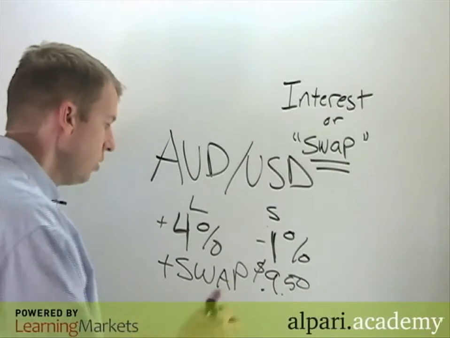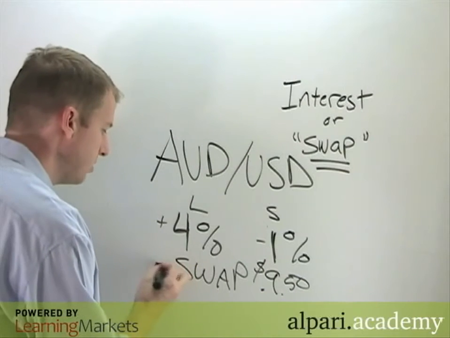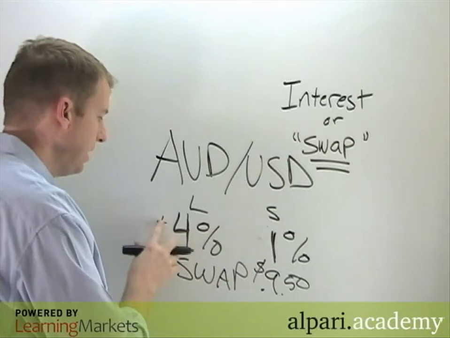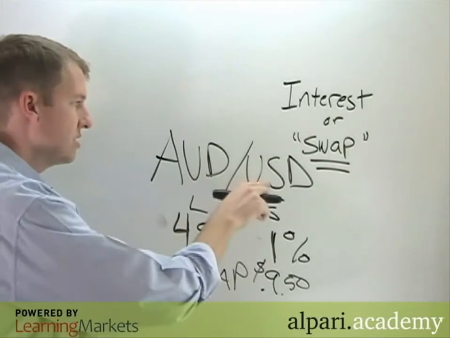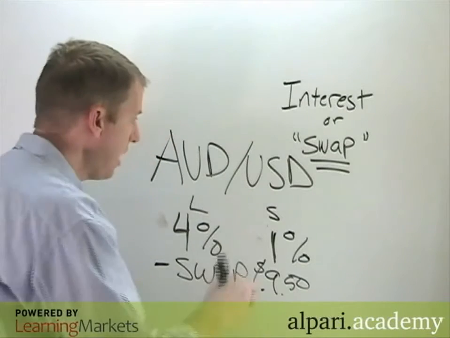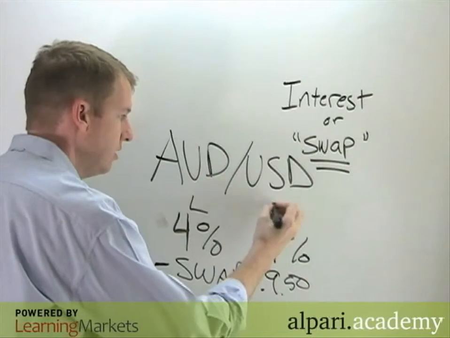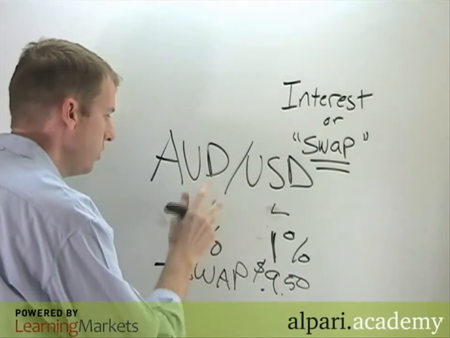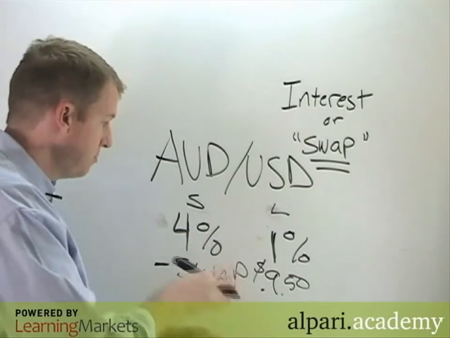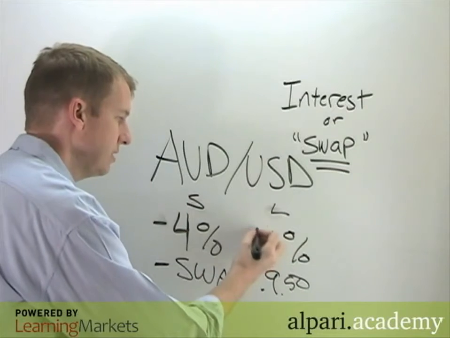Now, what about if you're short? What's going on there? Well, if you're short, then things change just a little bit, but they look very similar. If you're short this particular currency pair, then everything's shifted a little bit, hasn't it? Because now you're anticipating that the dollar is going to strengthen. You're looking for that currency rate to start to drop, which means that you're now long the dollar and short the Aussie if you're shorting that particular currency pair, which means that you're now borrowing the Aussie and holding the dollar.